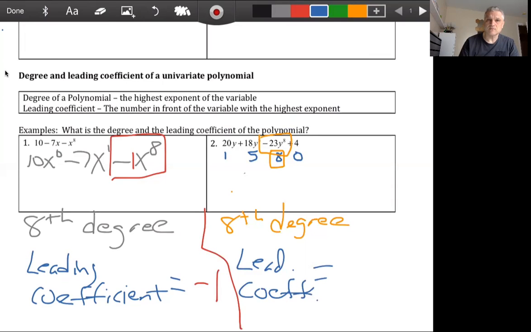Well, it's the number in front of that y to the 8th. The number in front of the y to the 8th is a negative 23. And yes, you need to have the negative. If you just write 23, it is incorrect. Okay, so that is leading coefficients and degrees of a polynomial. Let's go to the next page.